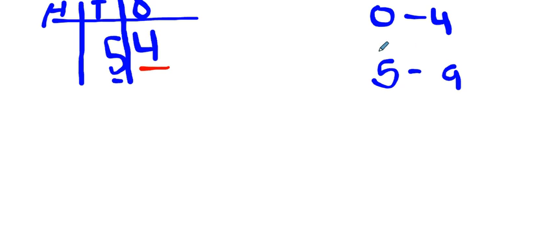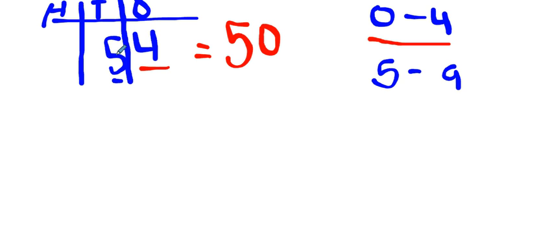I know that it's between 0 and 4. That means that this 5 will remain the same. So when I round 54 to the nearest 10, that will be 50. Because this number remains the same, everything else is 0. I'm going to give you another one.